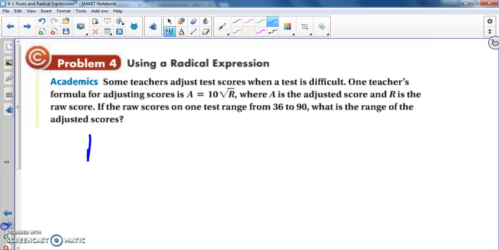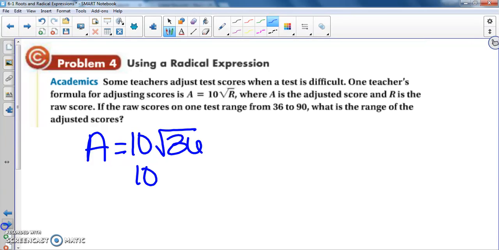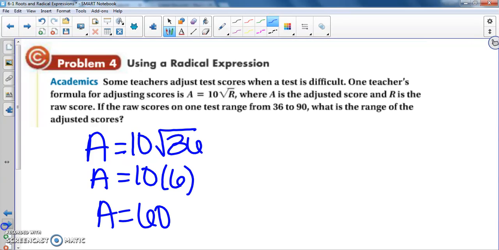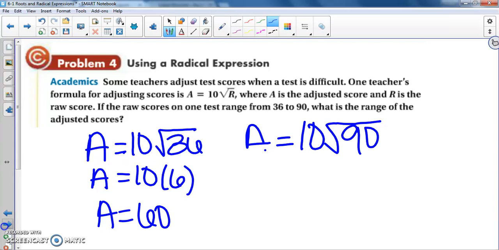So we have A equals 10 times the square root of 36. The square root of 36 is 6, so A is equal to 60. And A is equal to 10 times the square root of 90.